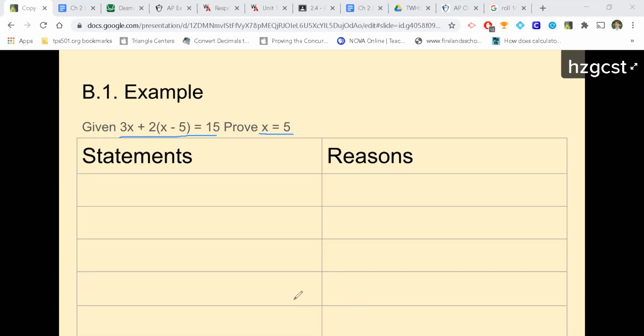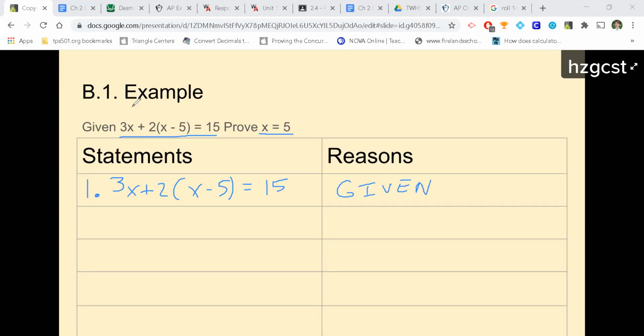The way you start every proof is always the very first thing that you know is true is what you are given in the proof or in the instructions. So I'm given that 3x plus 2 times the quantity x minus 5 is equal to 15. And the reason that I know that statement is true is because it was given to me.